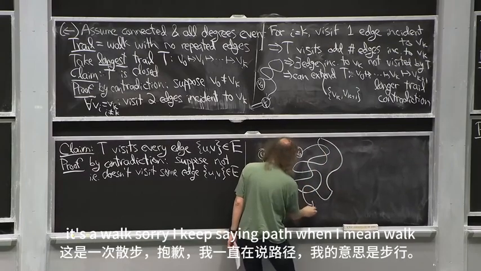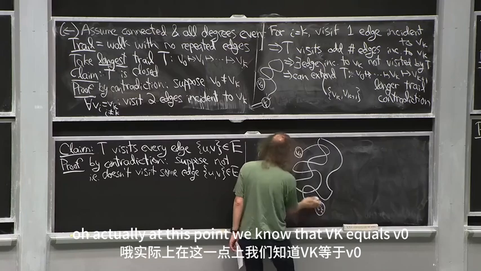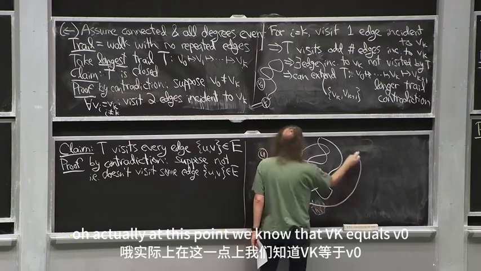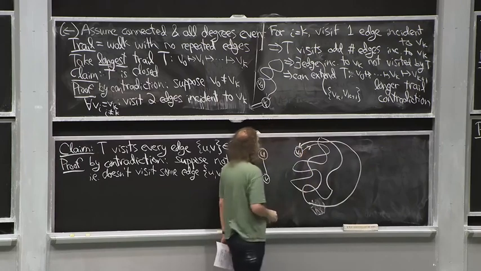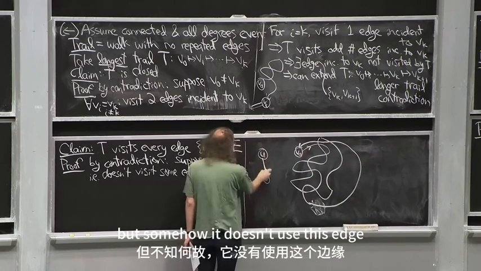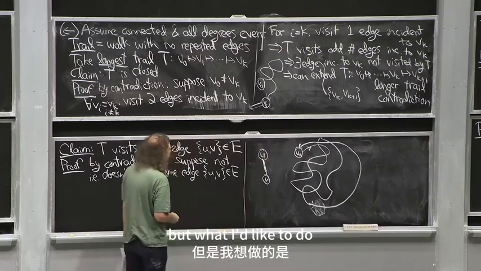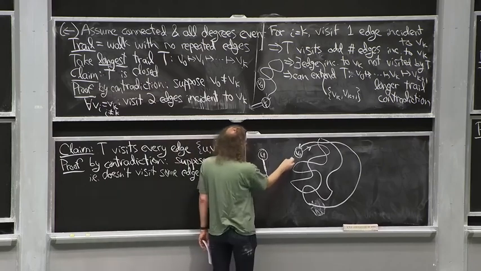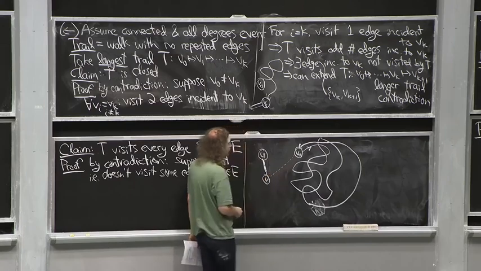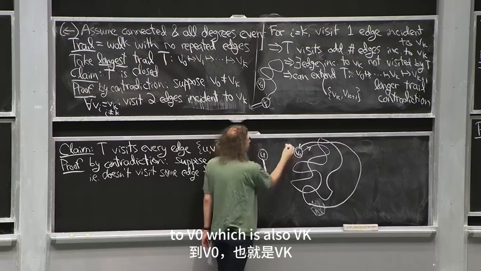It's a walk, sorry. I keep saying path when I mean walk, to Vk. Oh, actually, at this point, we know that Vk equals V0. So it ends where it started. But somehow it doesn't use this edge. It might use these vertices, it might not. But what I'd like to do is connect V to V0, which is also Vk.